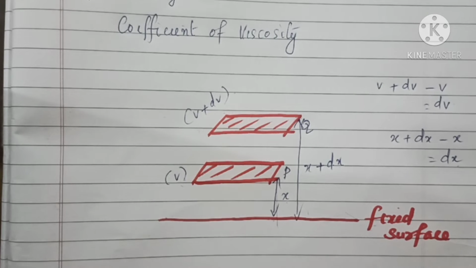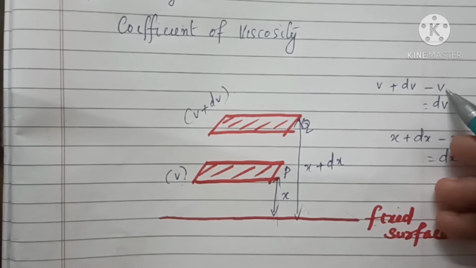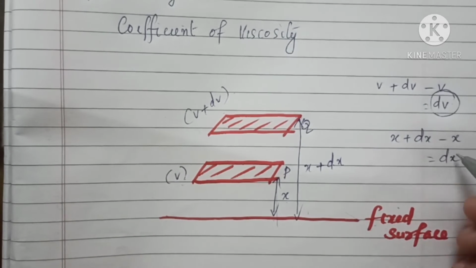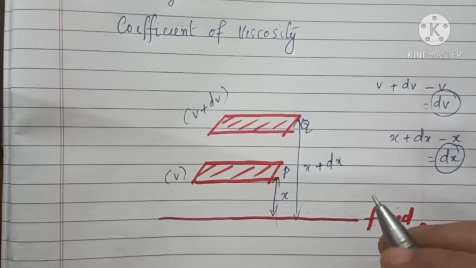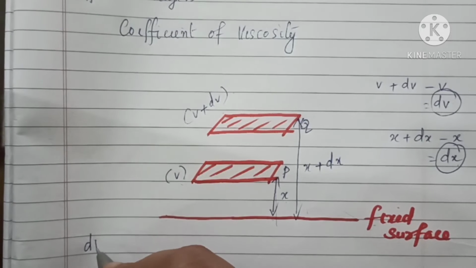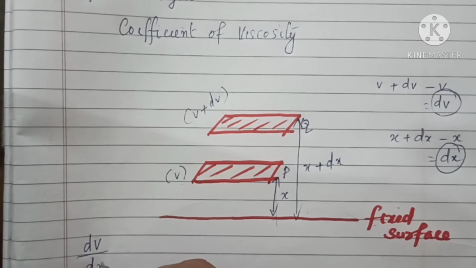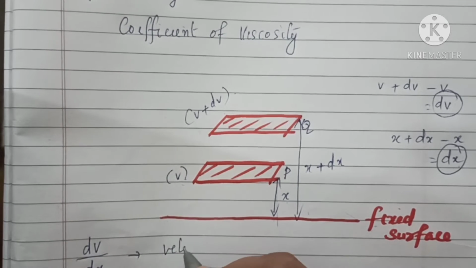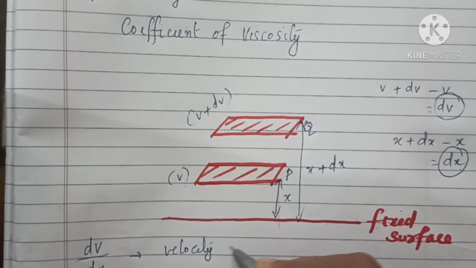Okay, so the rate of change of velocity with distance is known as velocity gradient. The rate of change of velocity with distance is known as what? Velocity gradient. That is dv by dx is known as velocity gradient.